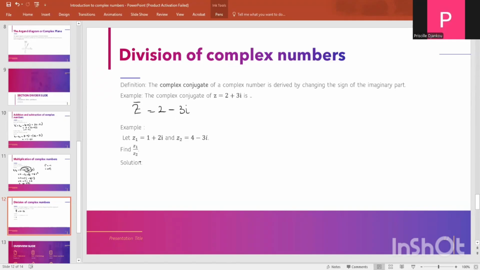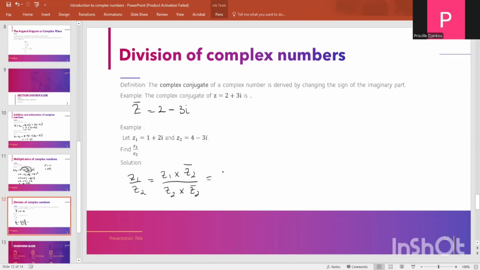Now, how do we divide complex numbers? If you have, for instance, z1 equals 1 plus 2i and z2 equals 4 minus 3i, how do we do that? We're going to multiply top and bottom by the complex conjugate of the denominator. So we have z1 times z2 bar, divided by z2 times z2 bar.